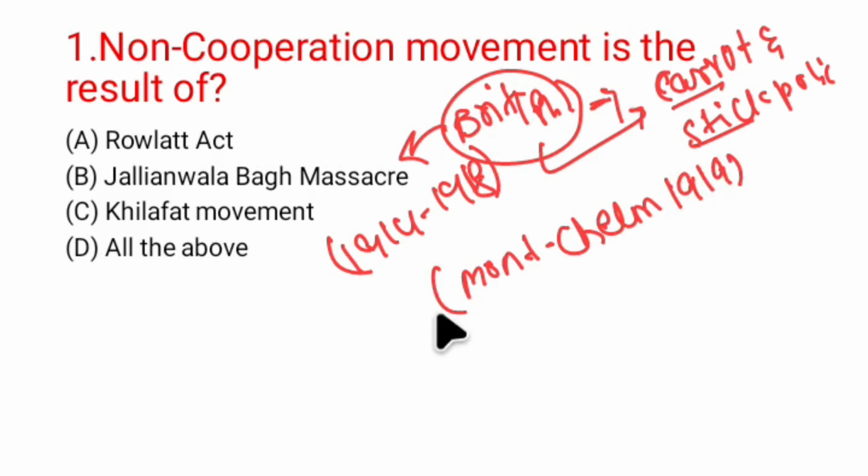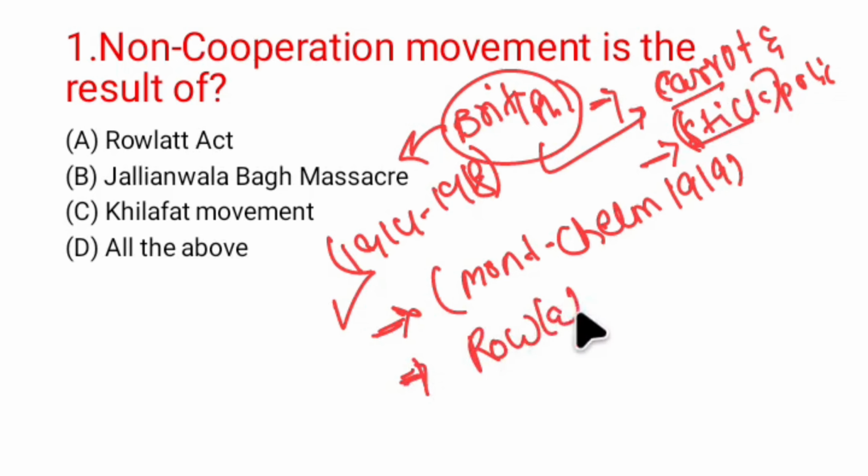The Montagu-Chelmsford reforms came in 1919. If you don't take this carrot, basically if you don't follow the provisions of this act, we will provide a stick. We use the stick to torture you, in the form of the Rowlatt Act. This is a black act for Indians.